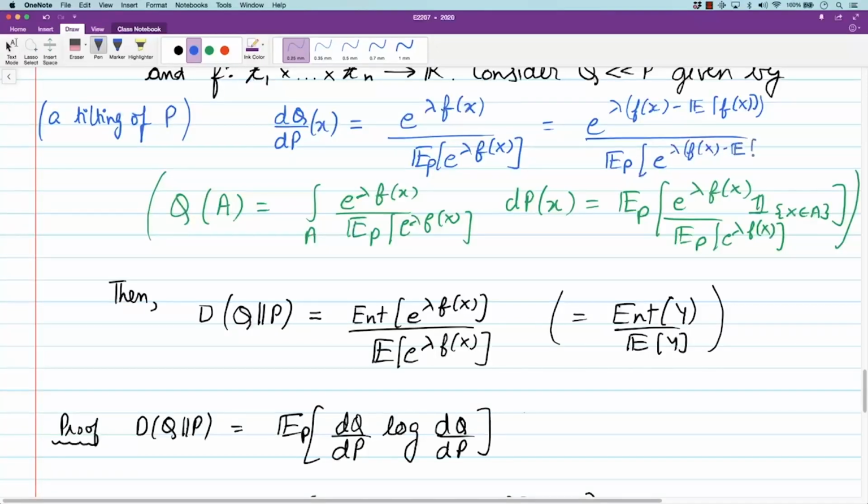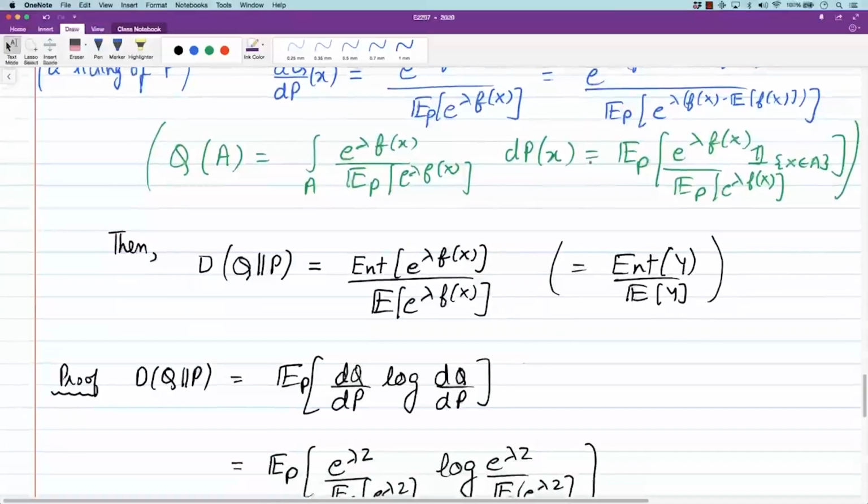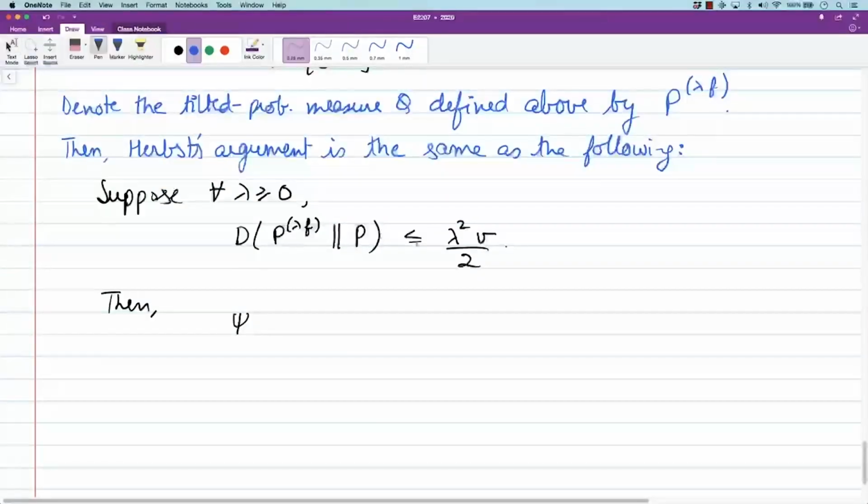So if you were worried about the centering, it's the same quantity because this cancels from the numerator and denominator. Just a constant which shows up in both of them. Okay, so then therefore Herbst's argument is the same as this bound. This is the assumption, and under this assumption what you get is that the log moment generating function of the centered random variable is less than or equal to lambda squared v by 2. Okay, that's the very interesting thing here.